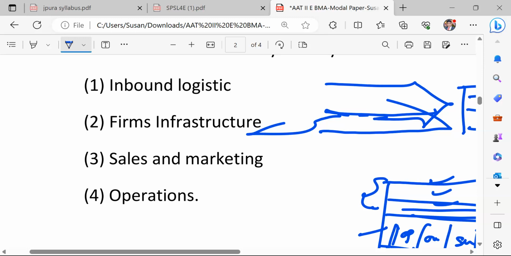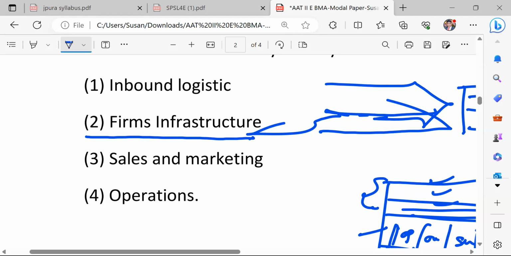And there is also a discussion in strategic management. Out of inbound logistics, firm infrastructure, sales and marketing, and operations, firm infrastructure is a support activity. That is not a primary activity.